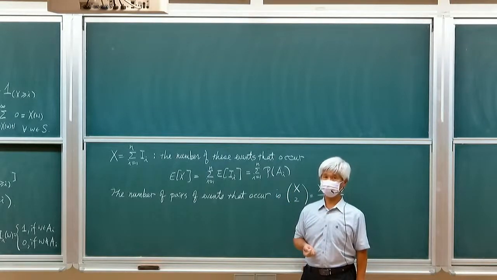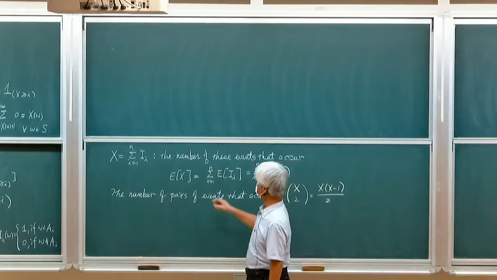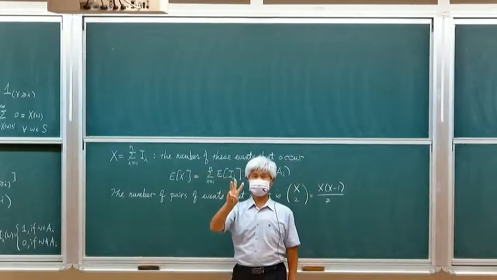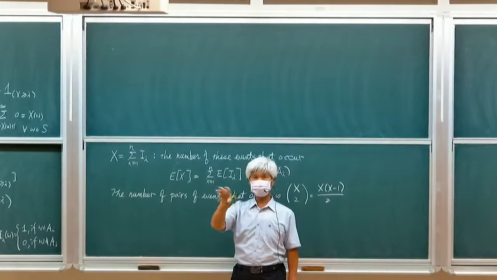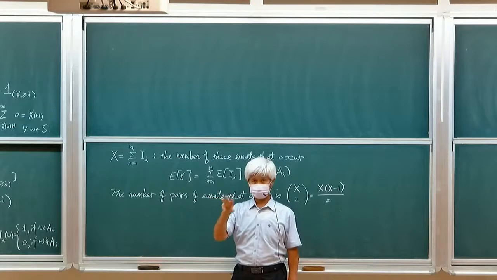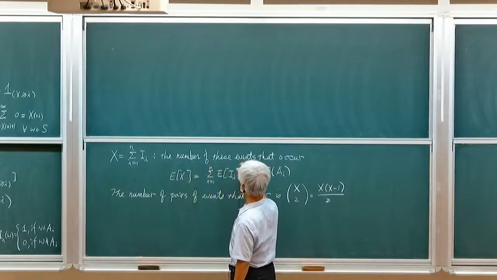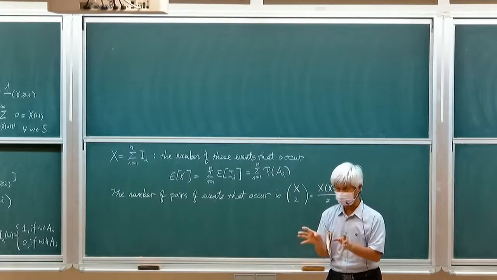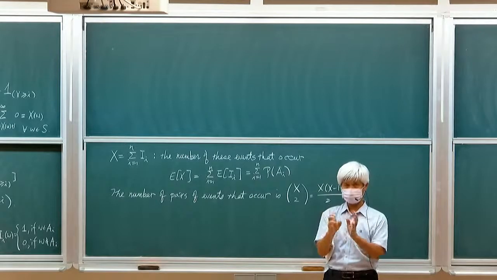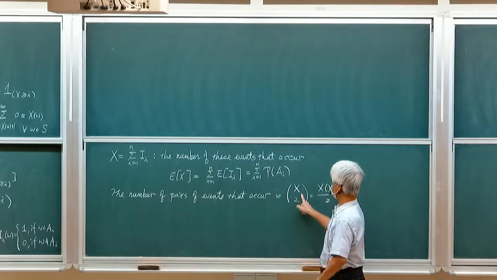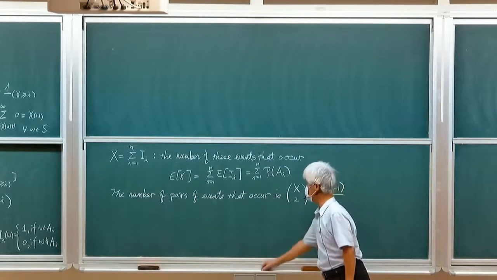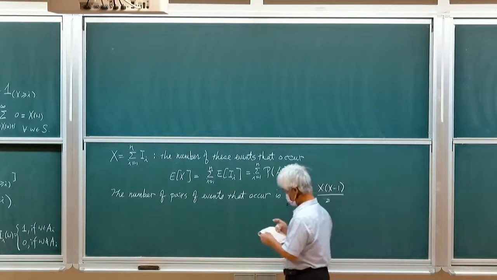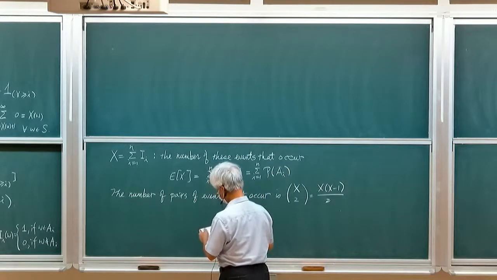So if for a certain outcome omega, X(omega) is 3, we have 3 of the n events occurring, and 3 events can form 3 possible pairs, pairwise. So this depends on omega, and it is a random variable.